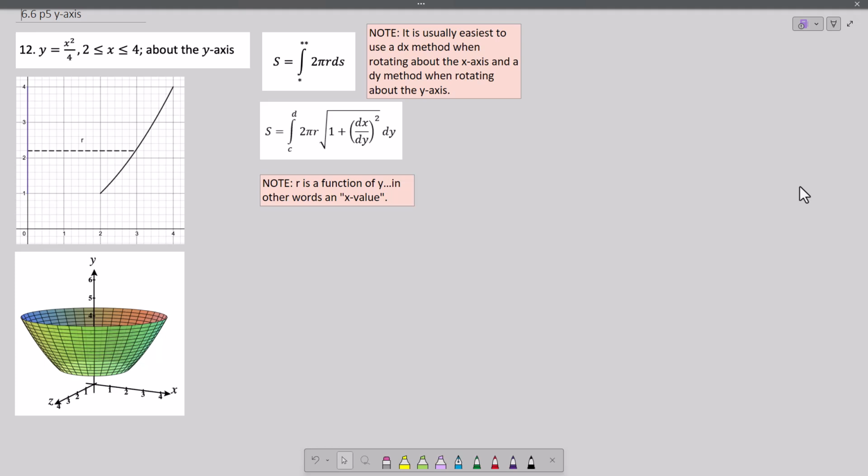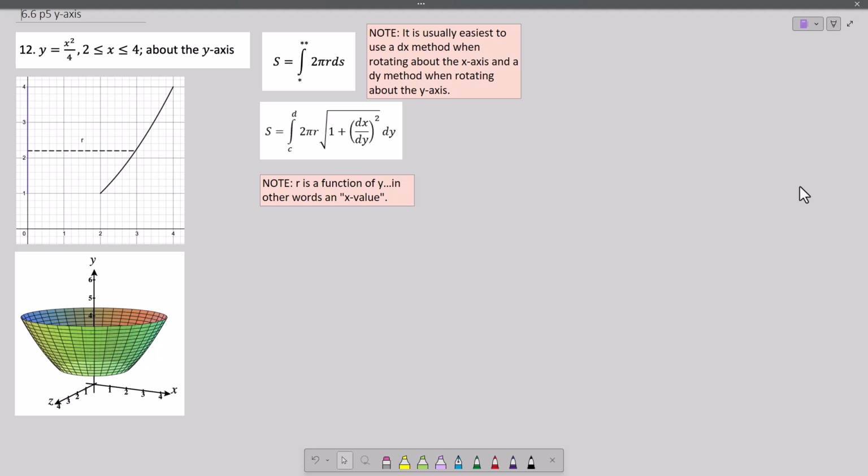And if you look at the setup, there's your curve. You're going around y. You draw your radius. It's natural to think dy. dy is the thickness of this horizontal element that we're drawing. And like the one we just did, when we're rotating around the x-axis, your radial value is a vertical element, so it's easier to think of that as a dx.